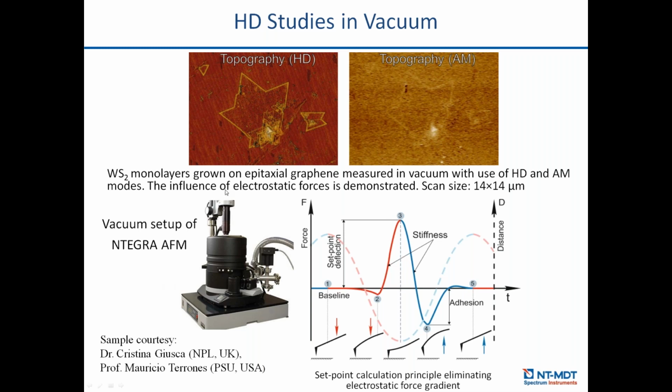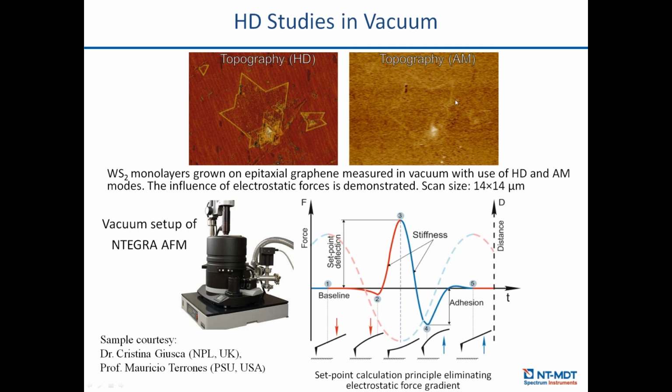In this case, imaging in tapping mode, or amplitude modulation mode, you can see the image on the right side. You can see some structure, but it is very blurred because in vacuum a huge surface charge appeared on the sample, and it was not possible to get good resolution in tapping mode. In contact mode, it was also not possible because the structures were just cut by the tip.